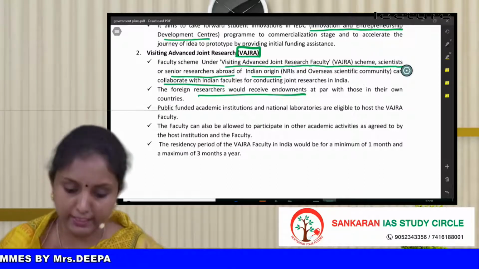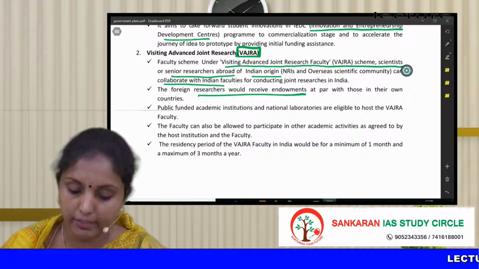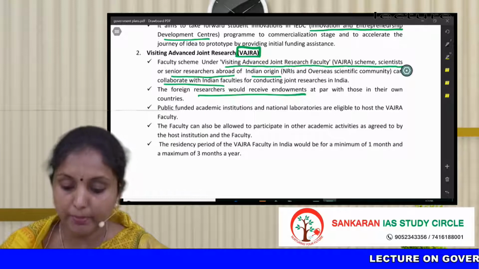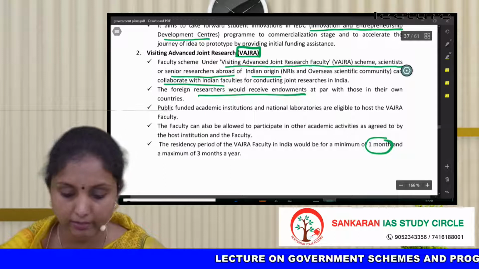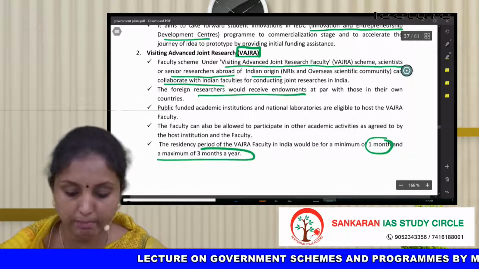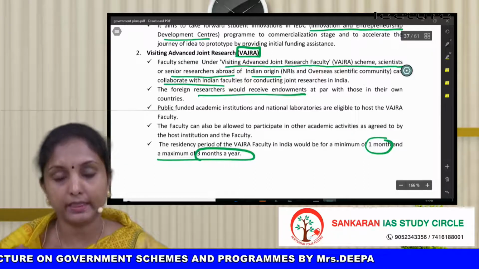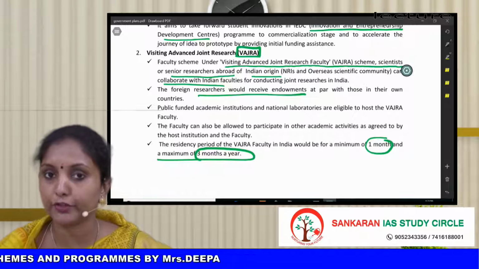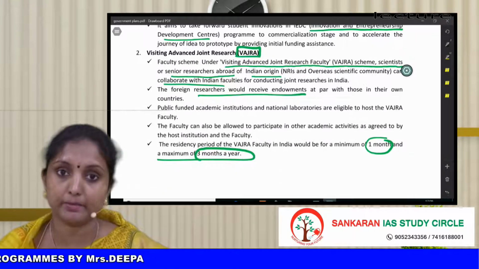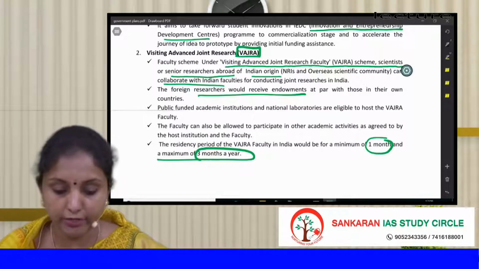The residency period of the Vajra faculty in India would be a minimum of 1 month and a maximum of 3 months a year. When they come to India, they can stay here for 1 month or for 3 months maximum. After that, they have to get back to their respective countries.